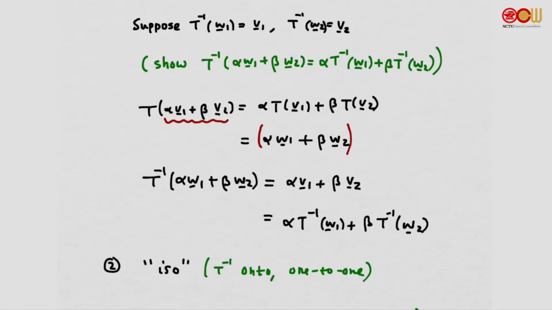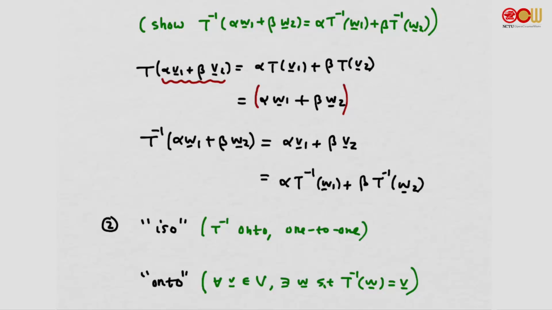Now let's show that this T inverse mapping is 1-to-1 and onto, and hence it's an isomorphism. First, let's show it's onto. If we want to show it's onto, then we need to show that for any v in V, we can find a w vector in W such that the image of w is equal to v.